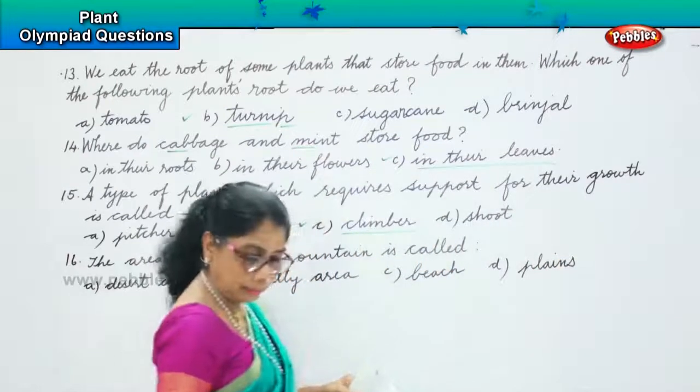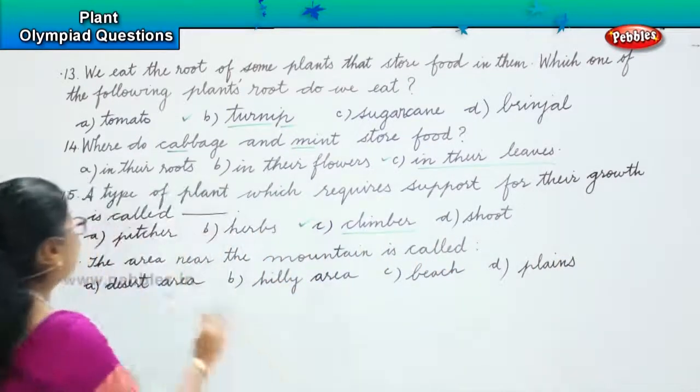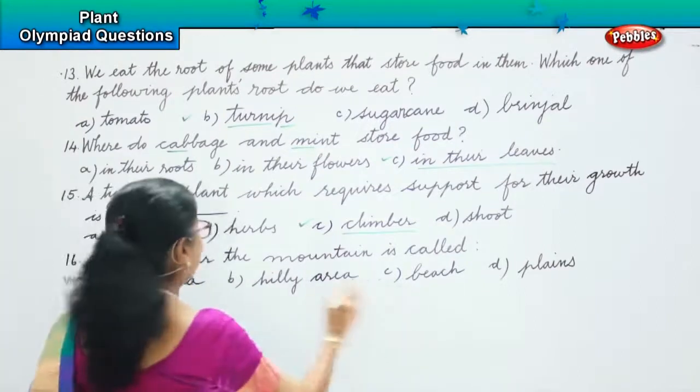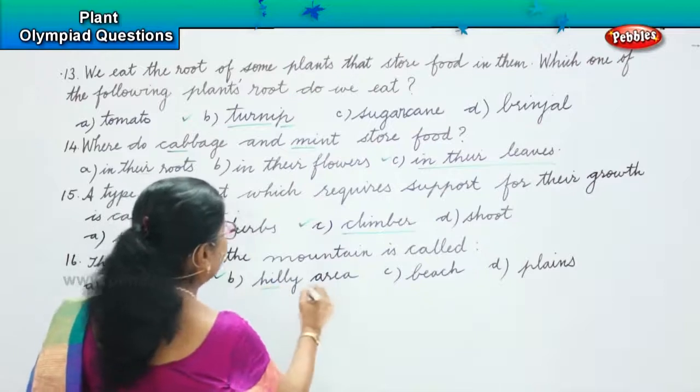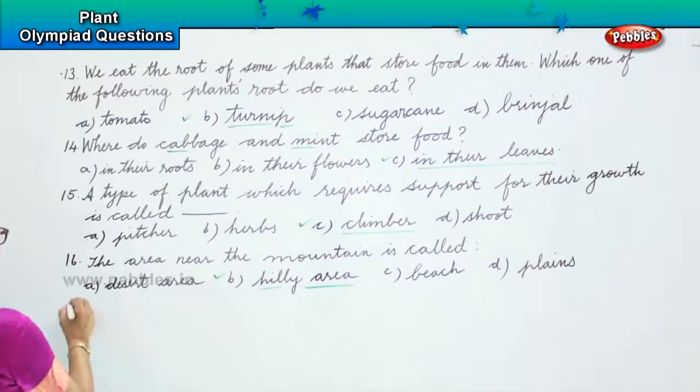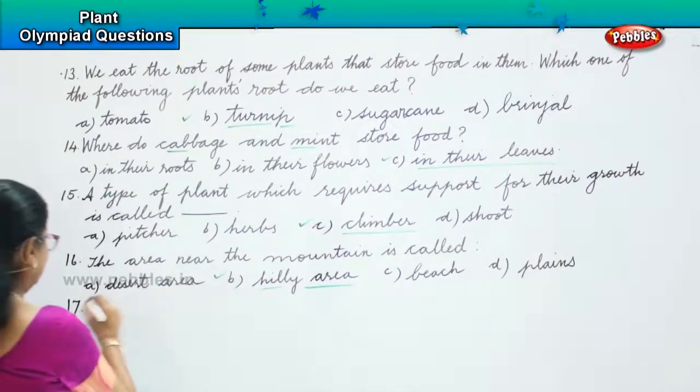So let's look at the options. Area near the mountain is called, is it desert? No. Plains? No. B, hilly area. The place around the mountain area, what do you call? It's a hilly area. Ups and downs are there.